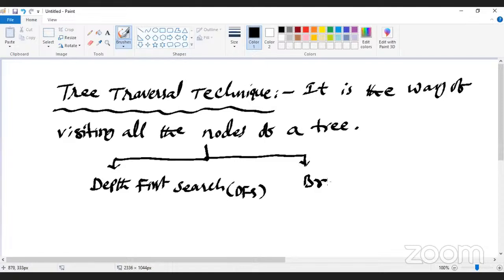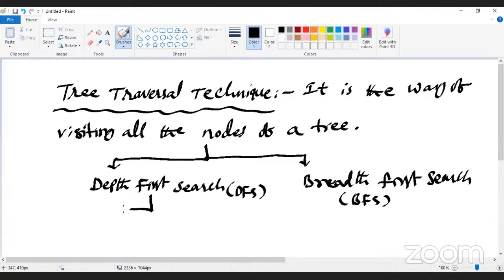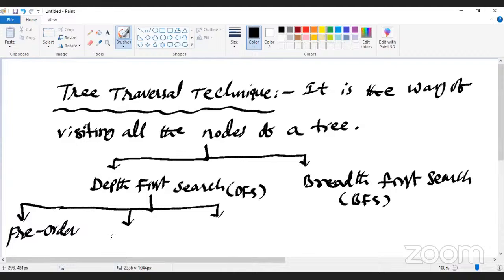And the other is breadth first search, called BFS. Again, in this DFS, we have three types: pre-order, in-order, post-order.